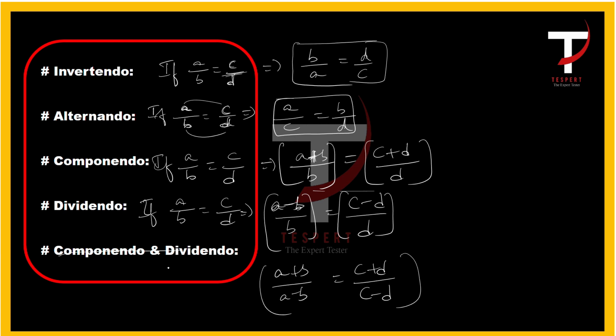So this is the componendo and dividendo rule. If we divide these two, this B and D get cancelled. So we are left with A plus B and A minus B. Here we have written C plus D and C minus D, right?